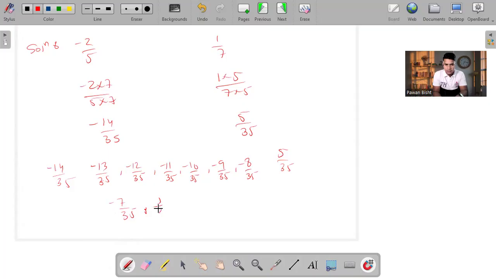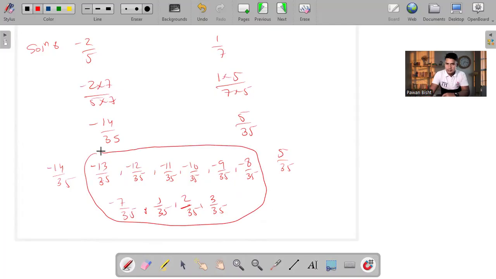Okay, or you can write 1 over 35, 2 over 35, 3 over 35, 4 over 35. Count how many? 1, 2, 3, 4, 5, 6, 7, 8, 9, 10, 11. By mistake, I've written 11. So these are the 10 numbers between the two numbers, right?